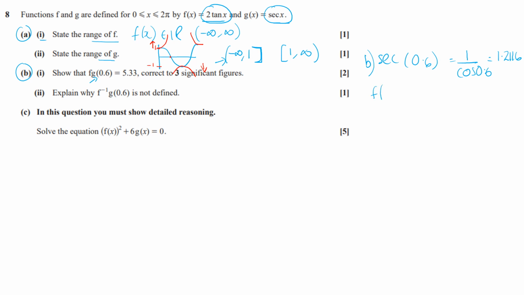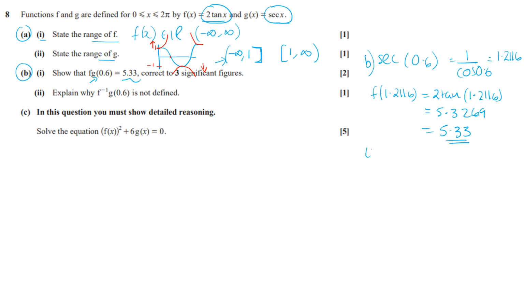So f of 1.2116 is 2 times tan of 1.2116, which on your calculator comes out to be 5.3269, which is 5.33 for part B. So we've shown it there to 3 significant figures.